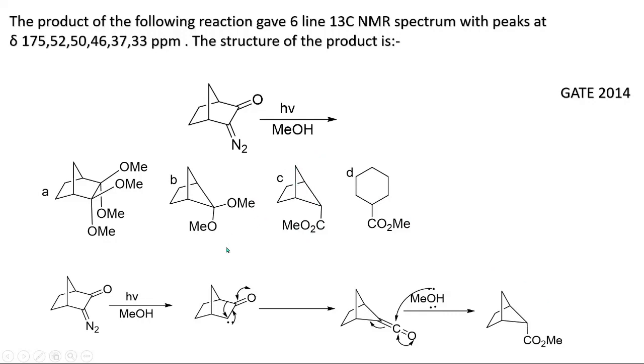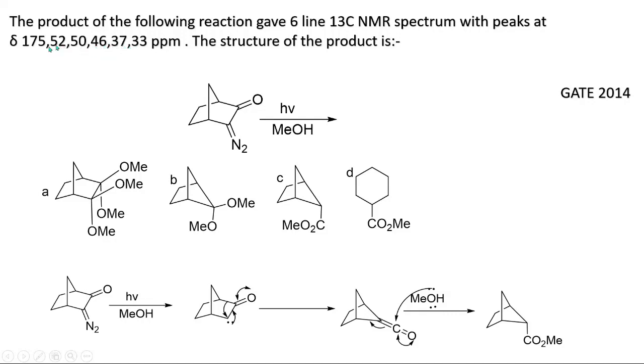Now based on these chemical shift values, that is 13C NMR values, 175 corresponds to an ester group. So we have an ester group. Based on that, A and B are also not correct because in these molecules the ester group is absent. Now the 52, 50, 46, 37, 33, these three are sp3 hybridized carbon atoms.